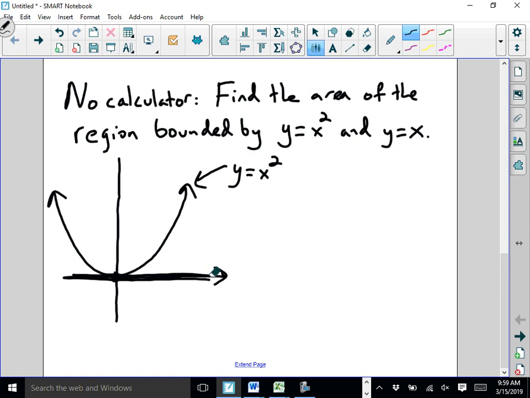Then I want to also graph y equals x. Well, that's linear. Once again, it has a y-intercept of 0, and it has a slope of 1. So it looks like this. So what I'm looking for is this region right here.